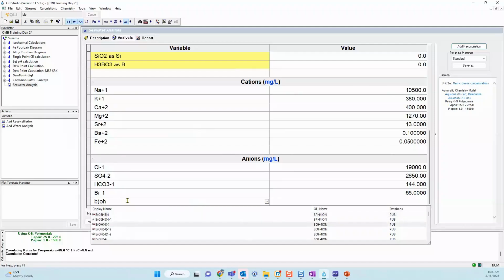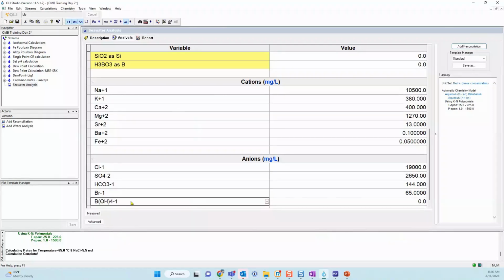You start seeing here that the software starts helping you a little bit, right? And all of them are the same, borate. So we select this one, or we can just simply type it. Oh, this is the boron tetrahydroxide ion. That's how the software calls it, boron tetrahydroxide ion. And that's the ion that we're going to enter.